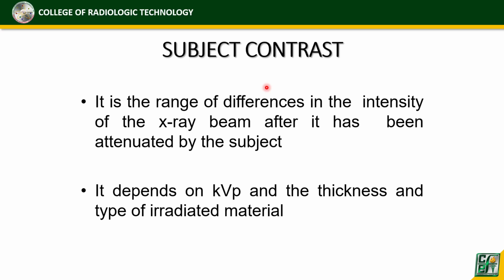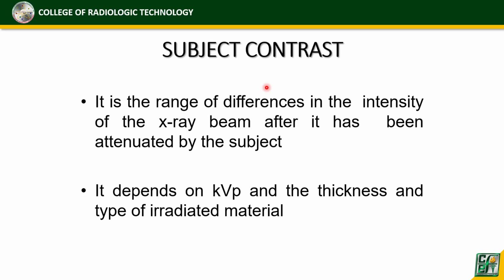Ulit. We have the films, the intensifying screen. Next is the film density. And then the sensitometric curve. Ano yung pang-apat? Processing po. Very good. Processing of the film. Okay. Yun ay sa film contrast.